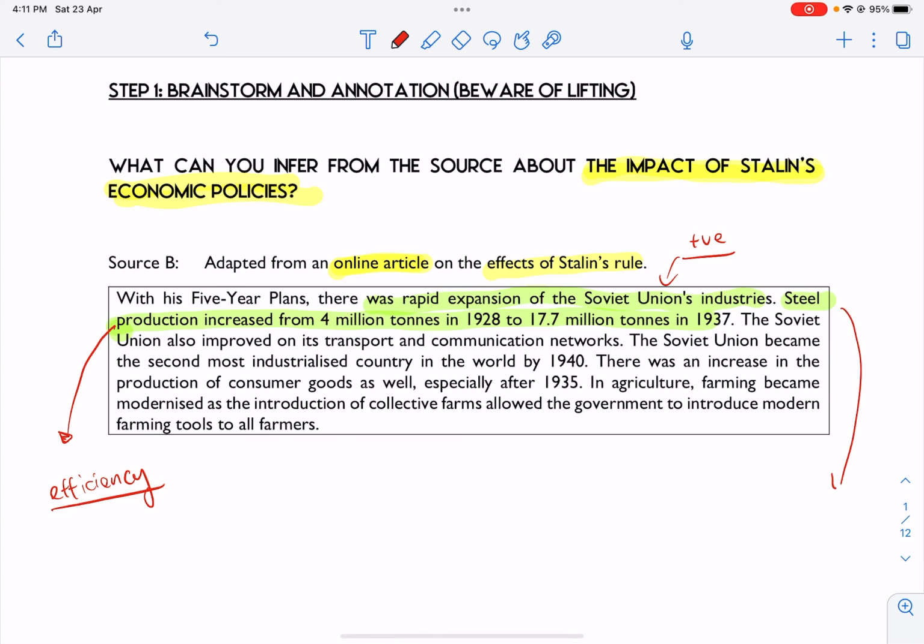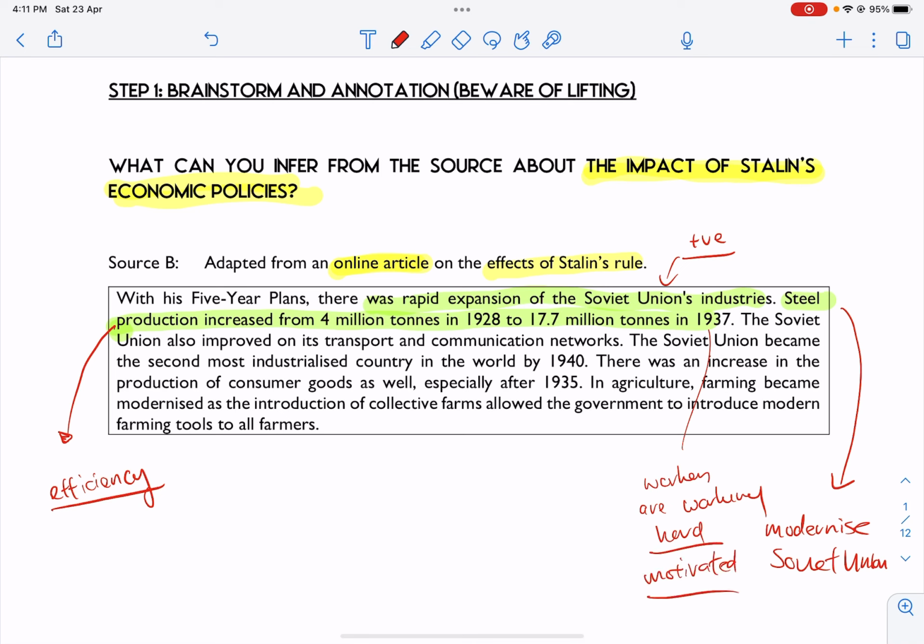This will help to modernize the country. You will modernize the Soviet Union. What does this mean also? That the workers are working hard. They are showing effort, and they are indeed motivated to help the Soviet Union succeed. That's why you will get these results.